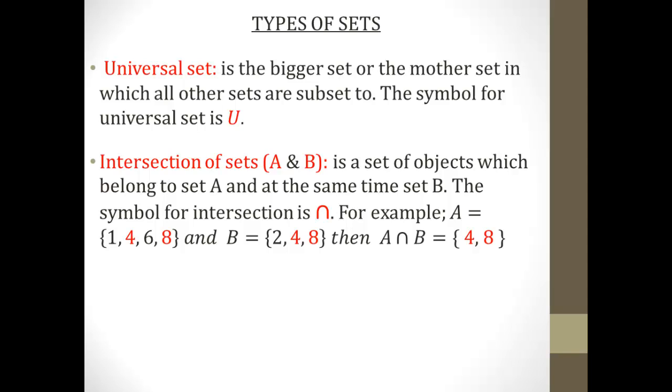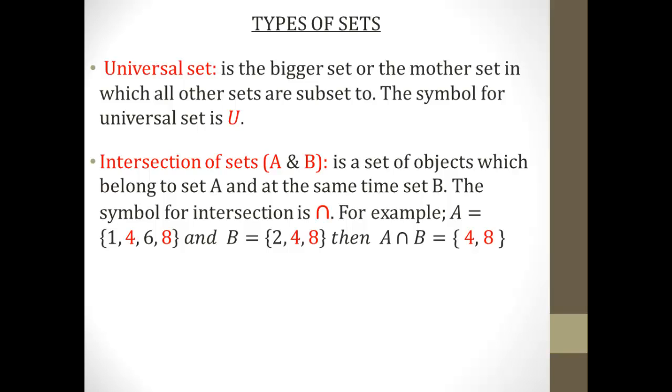So we have 4, and then we also have 8. So A intersection B is 4 and 8. The symbol for intersection is a stretched out n.